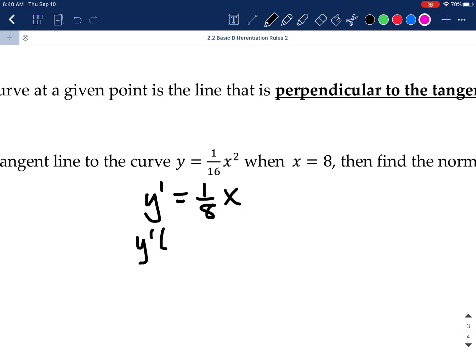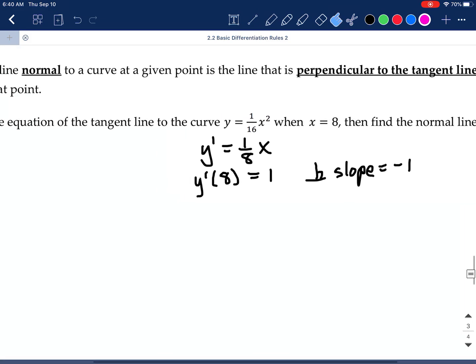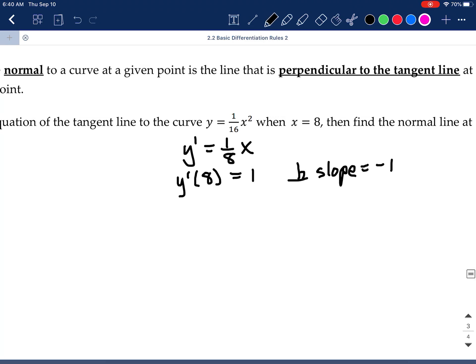And so y prime of 8 is going to equal 1. Yay! Which means that our normal perpendicular slope is negative 1 over 1. So just the opposite reciprocal, but it stays just the same number, just changing sign. And when x is 8, we'll note y of 8 is going to be 1/16 times 64, which is 4.